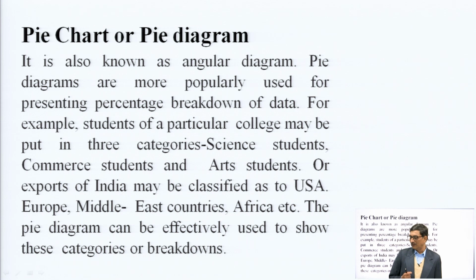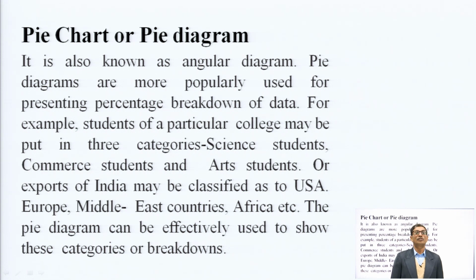When our data is in qualitative nature, then we present the data with the help of pie chart. For example, students of a particular college may be put in 3 categories: science students, commerce students and arts students. So, this can be represented by the pie chart.